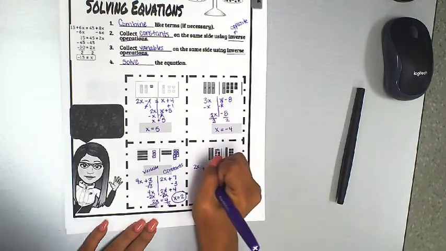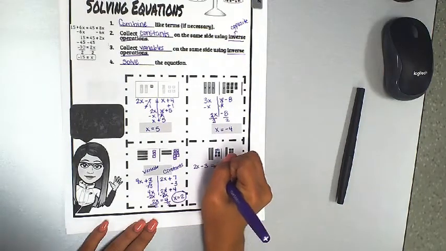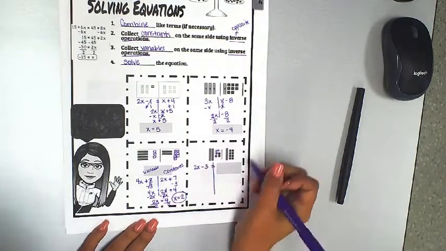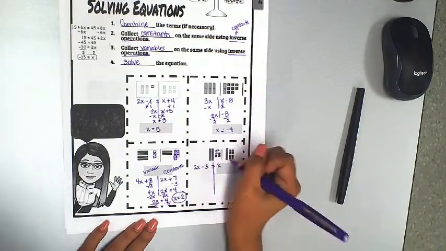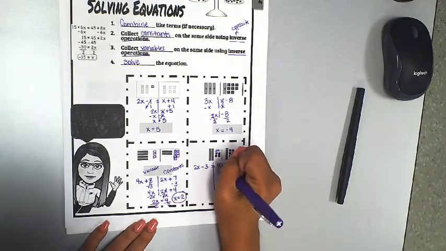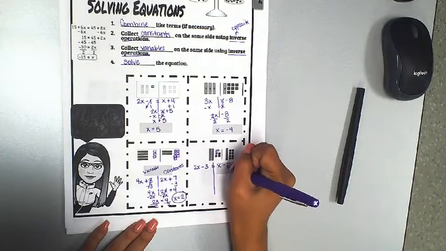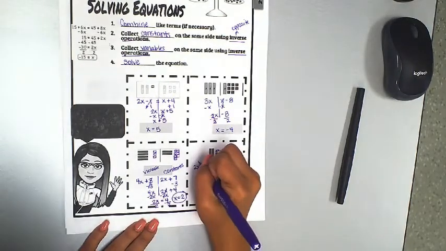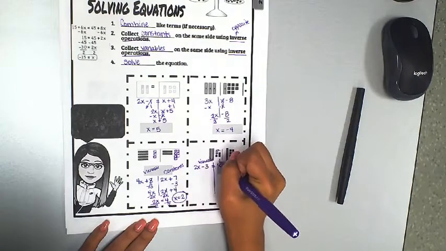So that's a negative, so that's minus 3 equals, or my line, 1x minus 8. So remember, I want my variables here, and I want my constants here.